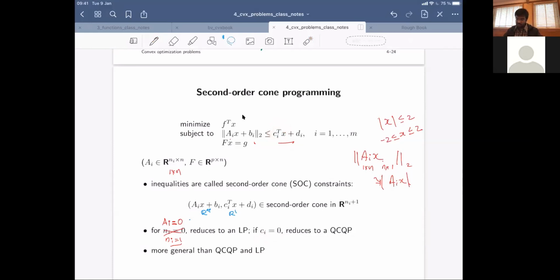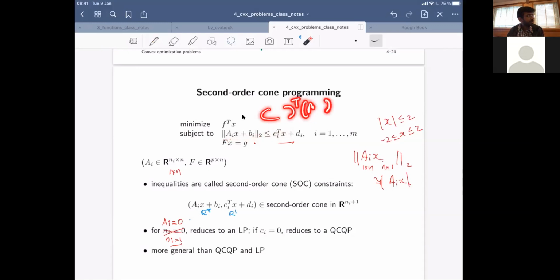So when c_i is 0, then what we have is this norm 2 of A_i x plus b_i is less than or equal to, this is 0 now, just d_i. Okay. Square both sides. Fine. So you square both sides. Then here you will have something like x transpose A_i transpose A_i x plus b_i transpose A_i x plus b_i.